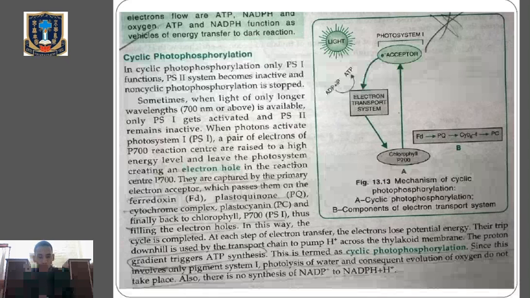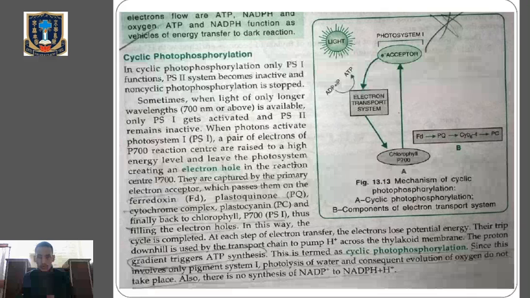Clear? Now those electrons will be captured by the primary electron acceptor that we have done already, which passes them from the ferredoxin to the plastoquinone to the cytochrome complex, then plastocyanin, and finally they go back to the chlorophyll P700 of PS1, thus filling the electron hole.